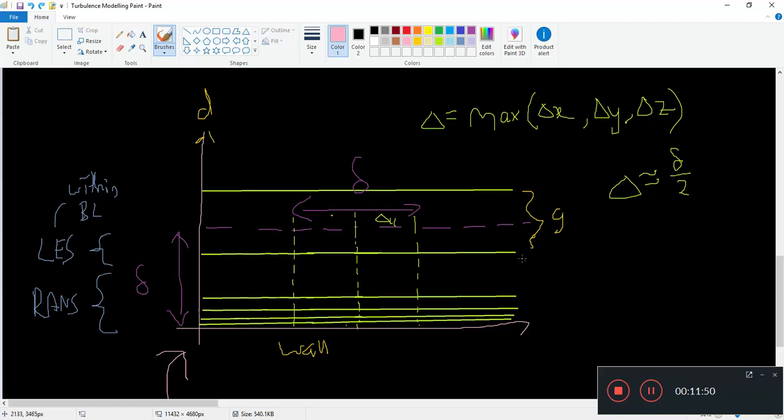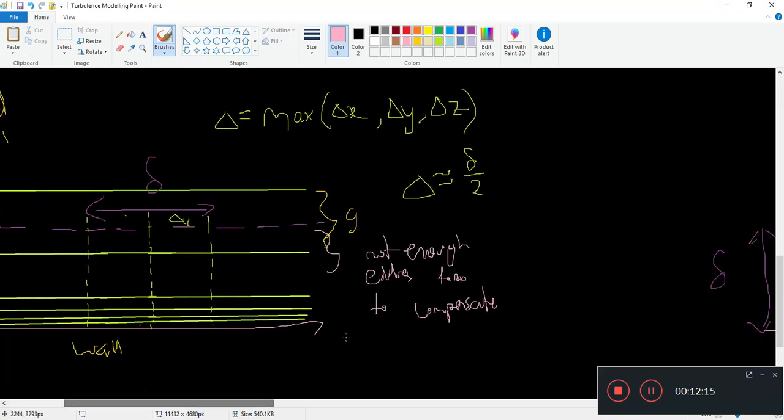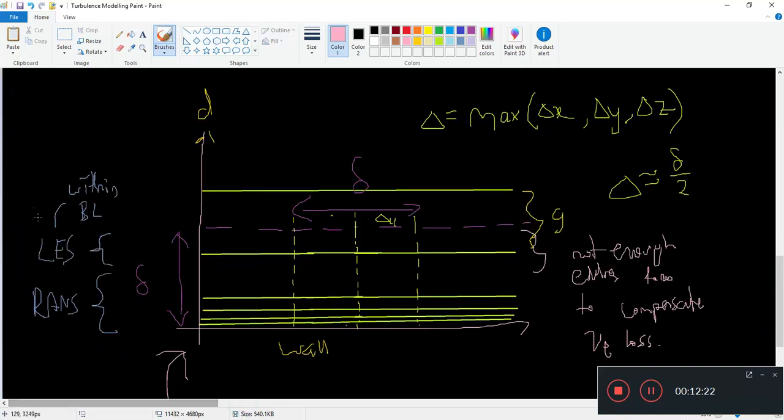Not enough eddies form to compensate. νt loss. Okay, so that's what happens in this region.